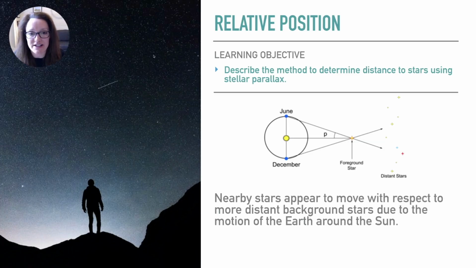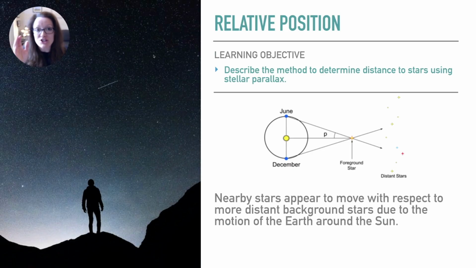What we have here is a slightly basic diagram, but if you look at the diagram down here, you can see the sun is in the middle of that circle, and what the Earth obviously does is it orbits the sun, and it takes a whole year for it to orbit.